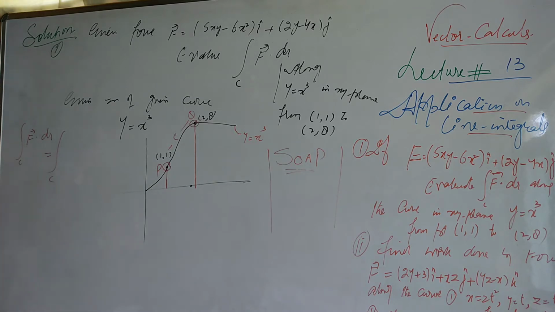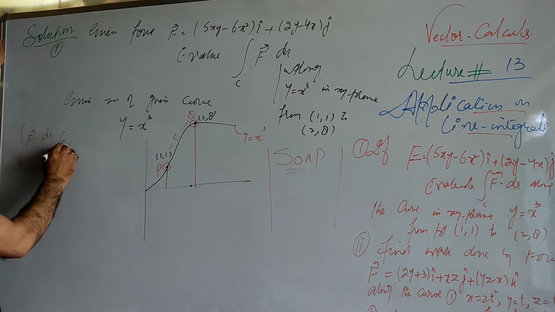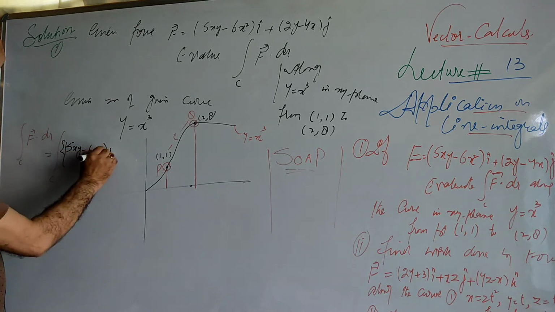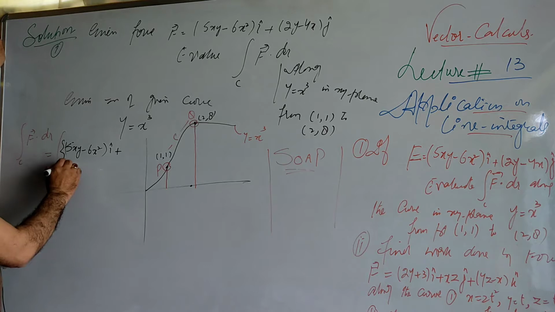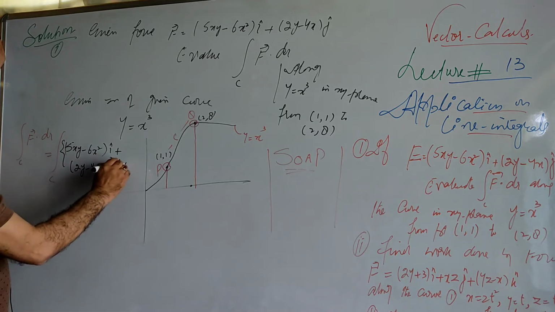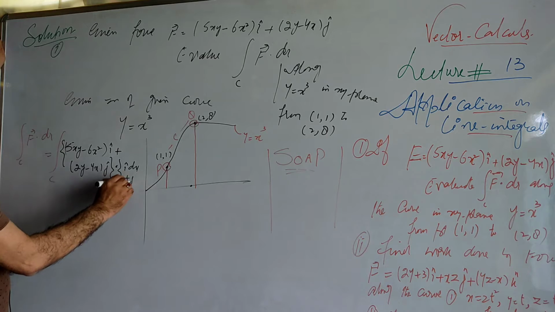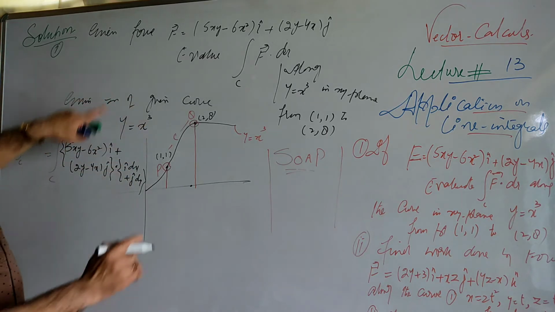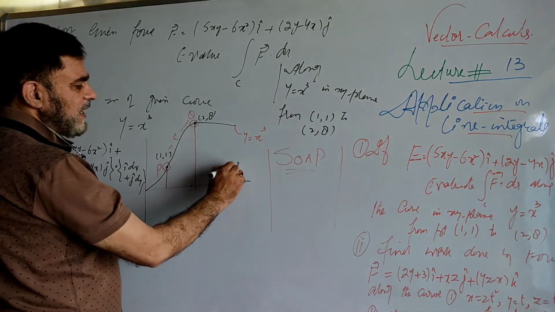Your f is given by 5xy minus 6x square times the unit vector i, plus 2y minus 4x times j, dot i dx plus j dy, not dz, because it is in the xy plane. It is mentioned that it is in the xy plane.